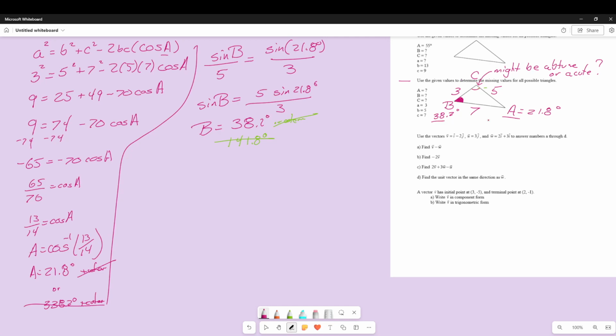Now C, maybe it's obtuse, maybe it's not. Clearly with these small angles it has to be obtuse. But the nice thing is, because we're now going to be finding it by the fact that the angles have to add up to 180 degrees, we will get that obtuse angle naturally without having to worry about the ambiguity inherent to law of sines. So that's going to be what, 59? No, it's going to be 60.